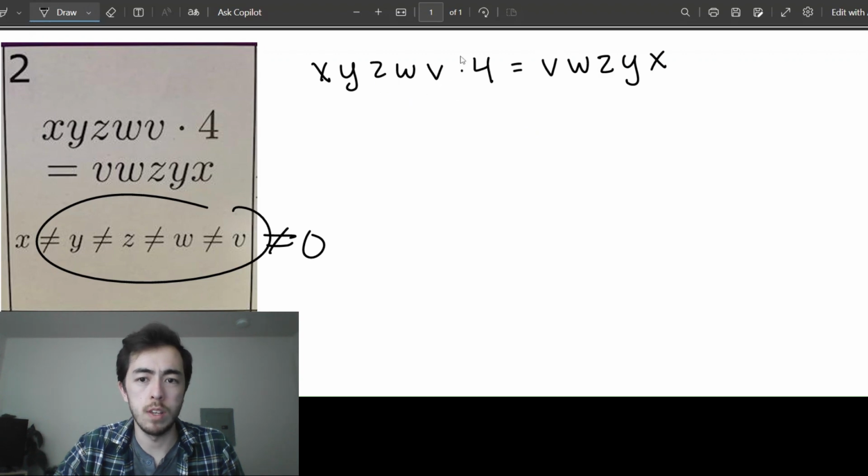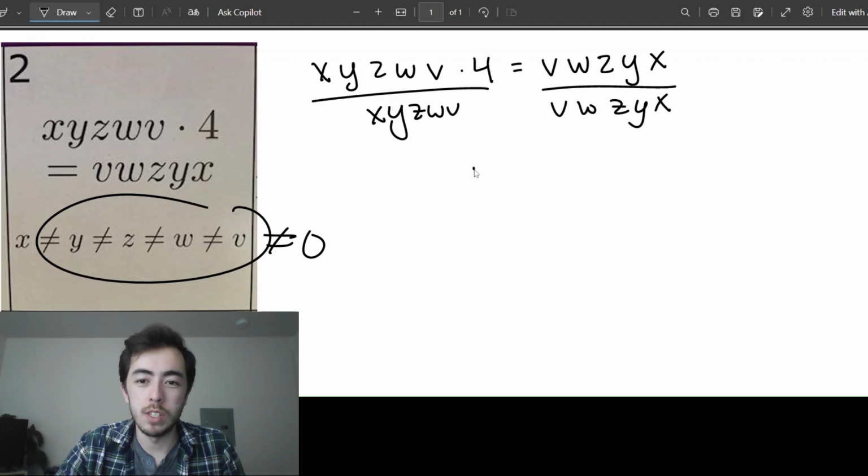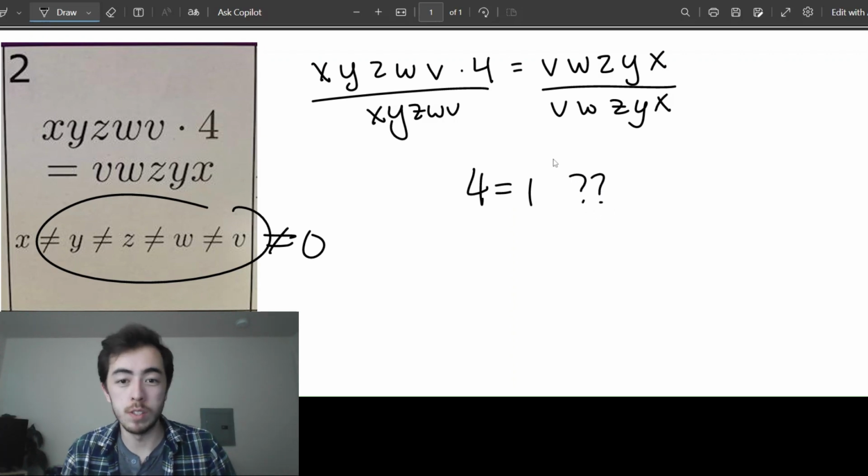There's a v on both sides, w, z, y, and x. So I don't think anything stops me from dividing both sides by x, y, z, w, v, and I'm just left with 4 equals 1. Clearly that's not the case, so something is wrong with my assumptions here.